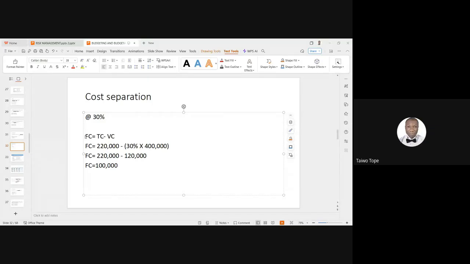Okay. We talked about production overhead. We said production overhead is a mixed cost. There is no specific definition of whether it is variable overhead or fixed overhead. So in order to know the composition of the production overhead, we still determine our variable portion of it.